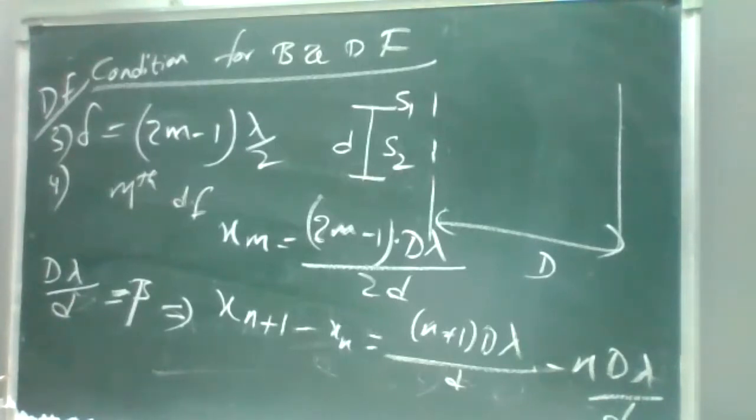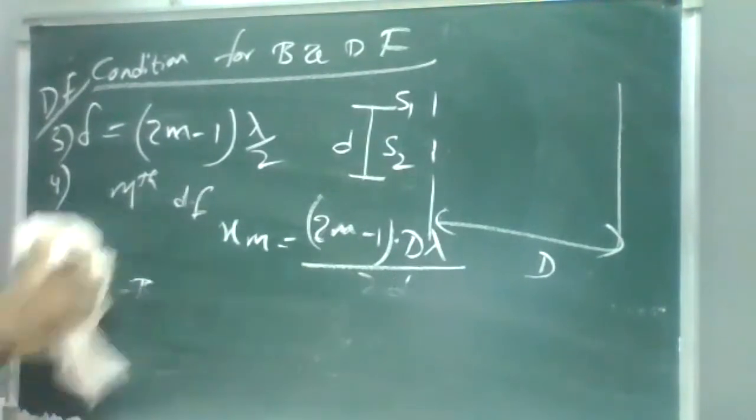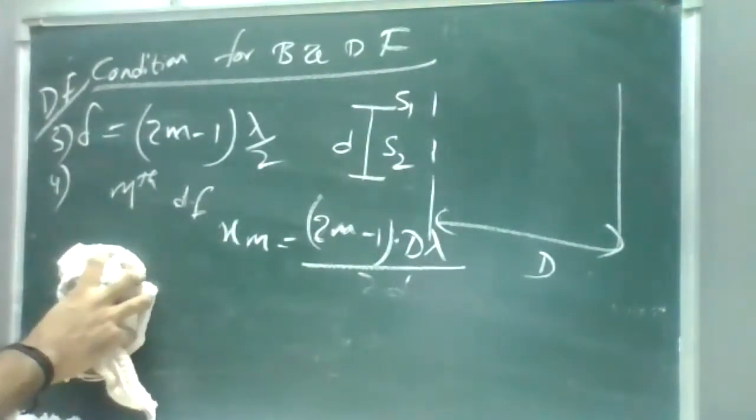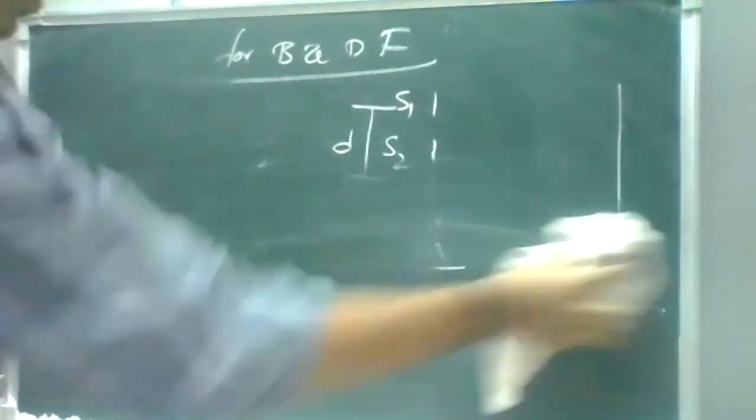In which the bright fringes are separated by 8.1 millimeter.